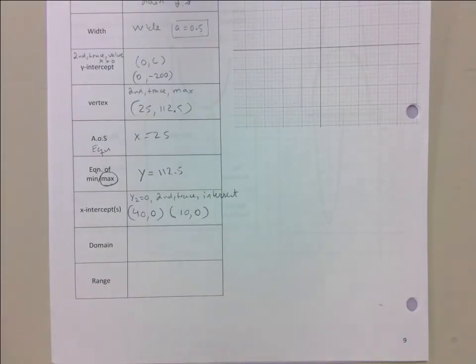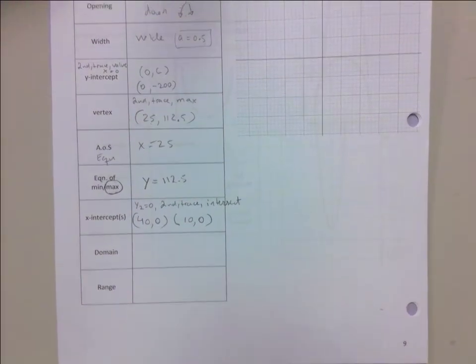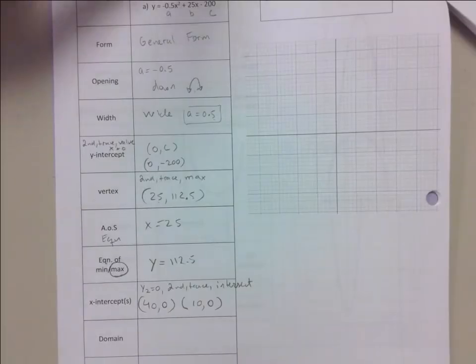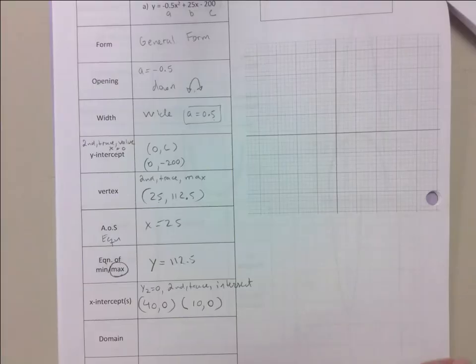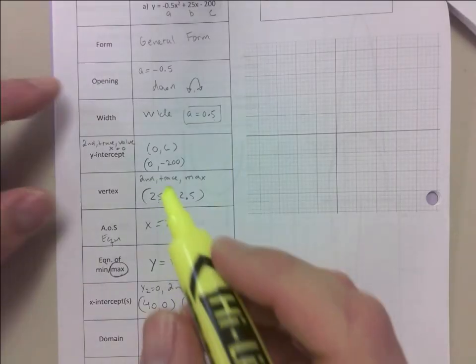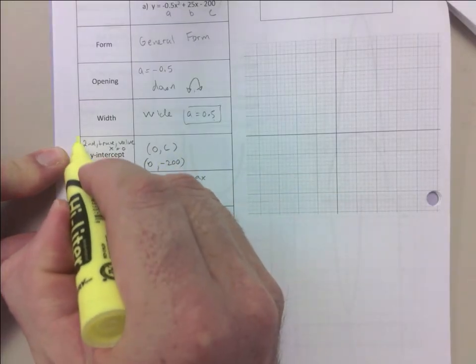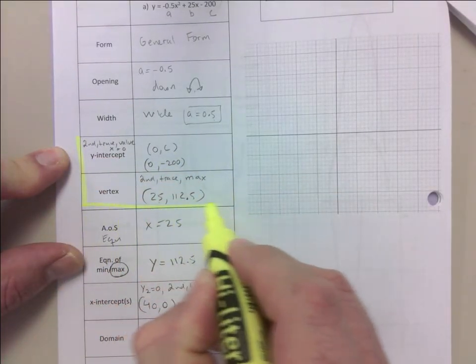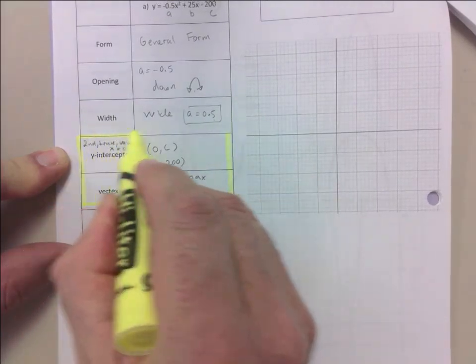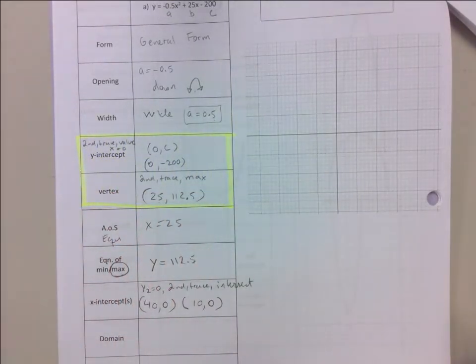Now, this is your task, okay? I want you to, for every question that I'm going to assign, grab a highlighter maybe, well, I will tell you again when I take you there. I need you to find the y-intercept and the vertex every single time. These two will always be present. There's no exception.